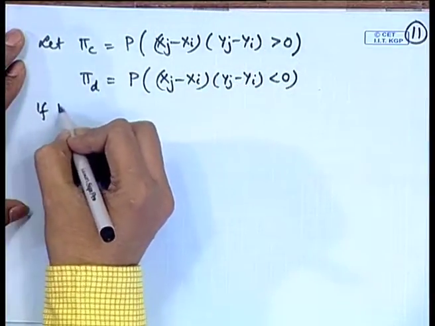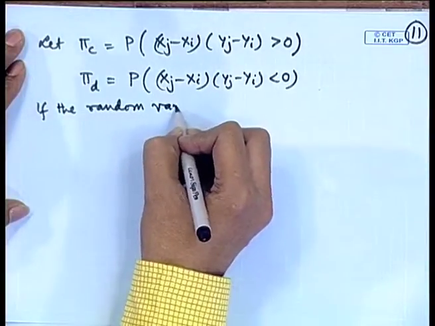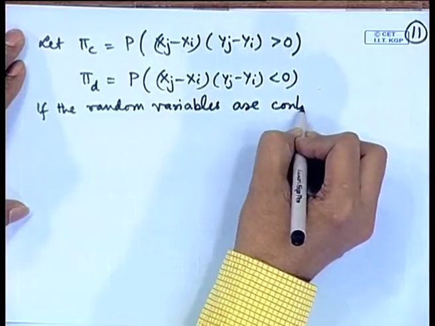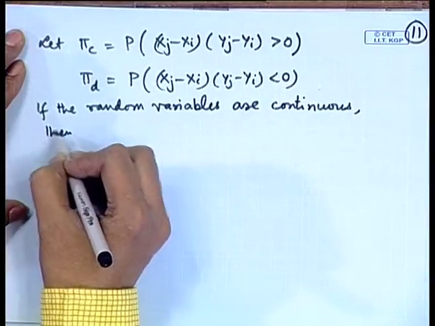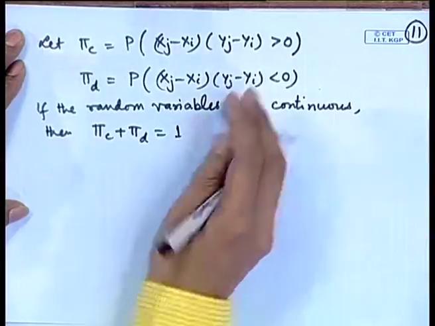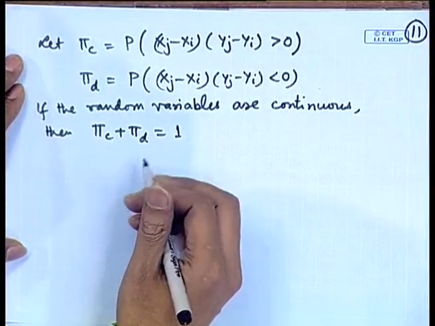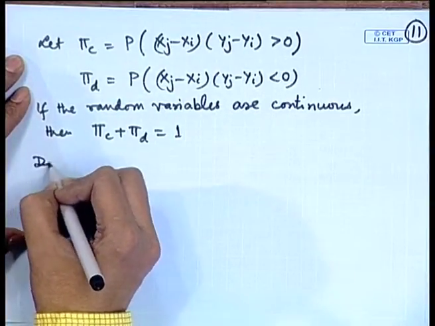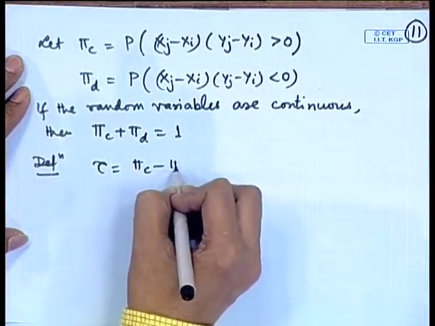So, if the random variables are continuous, then you will have pi_c plus pi_d equal to 1, because the probability of equality will be negligible or 0. So, we define tau equal to pi_c minus pi_d.